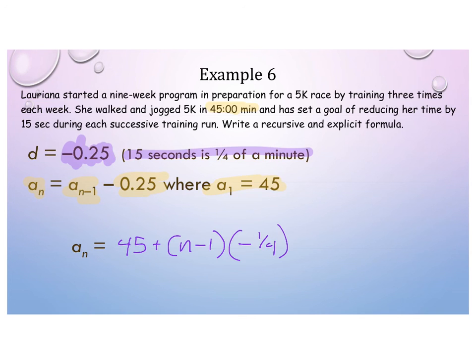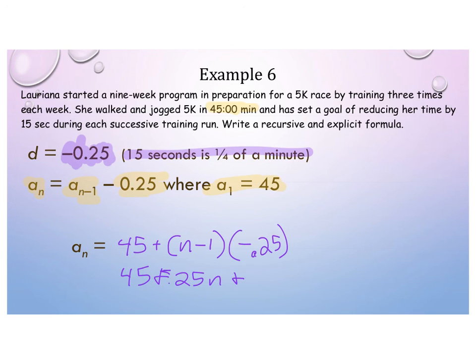All right, so now if I multiply this, let's do 0.25. I'm trying to decide whether 1/4 is better or 0.25. We'll do 0.25. Okay, so I distribute, I get 45 plus 0.25n.